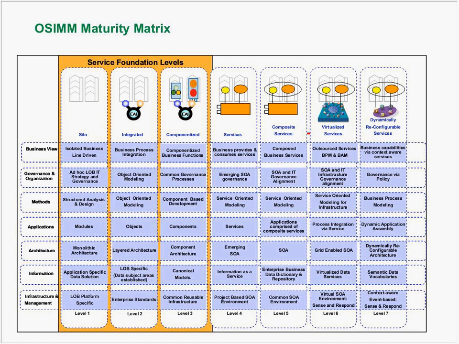So some dimensions are, as you see in the vertical on the left-hand side, the business view. So what are our business objectives? What are our business processes? Are we governing this transformation process? What is our organization like? How are we organized and how should we be organized in order to actually achieve this transformation?